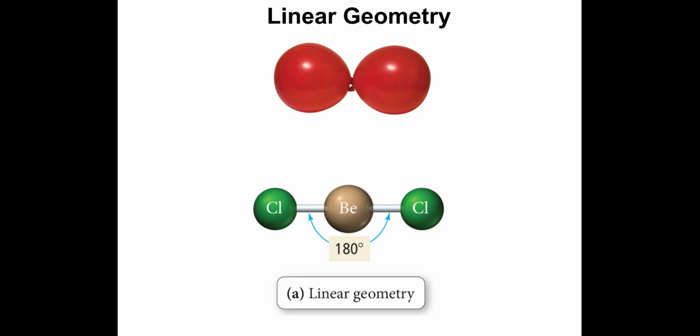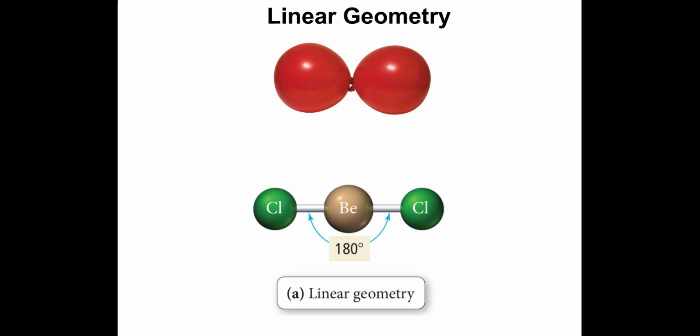And here's two balloons that give you an idea. If we're thinking of this as electron space or the electron clouds, the electrons exist in a space, and this is the space between the two atoms. Here's your central atom in the middle between the two balloons, and the other atoms are on the outside.